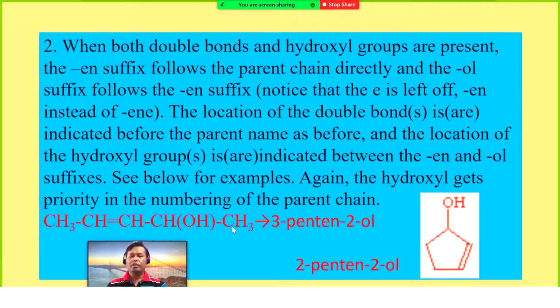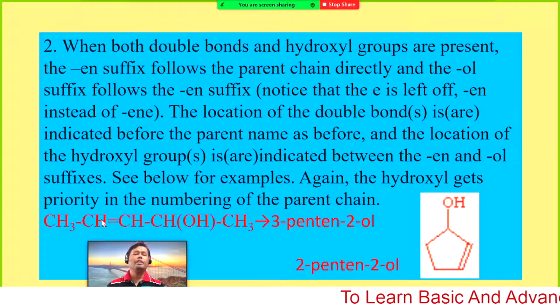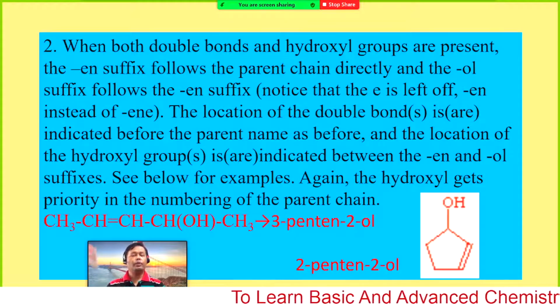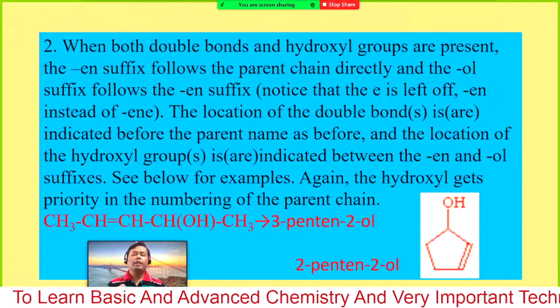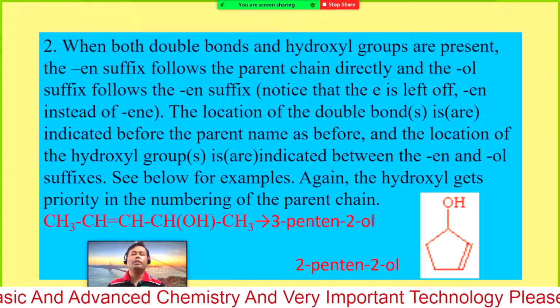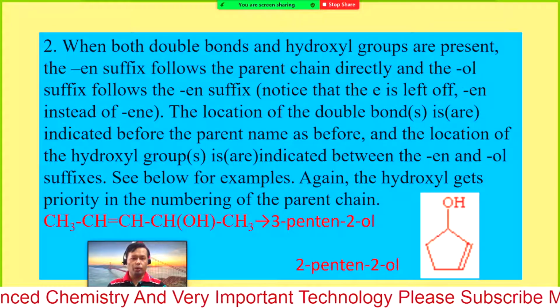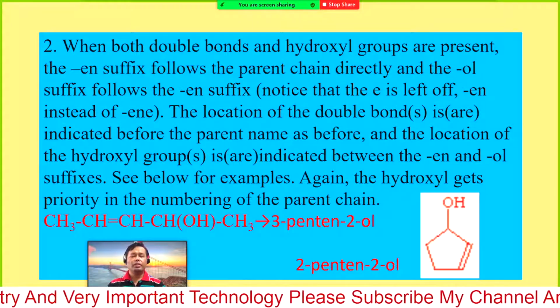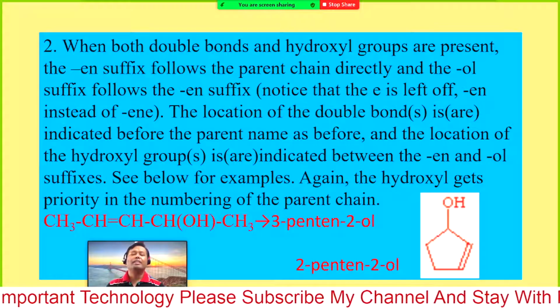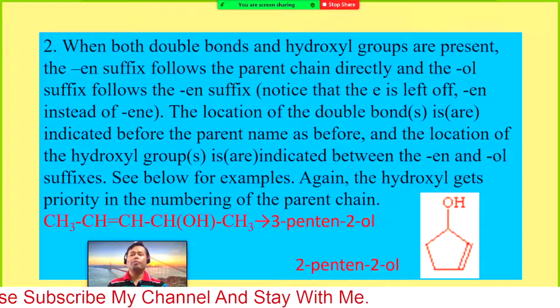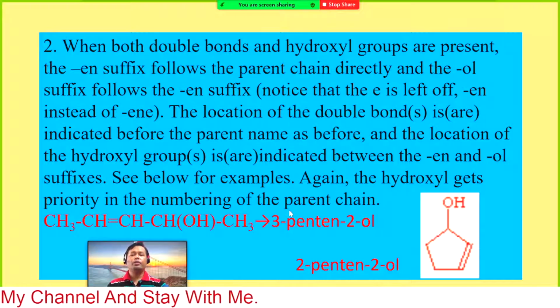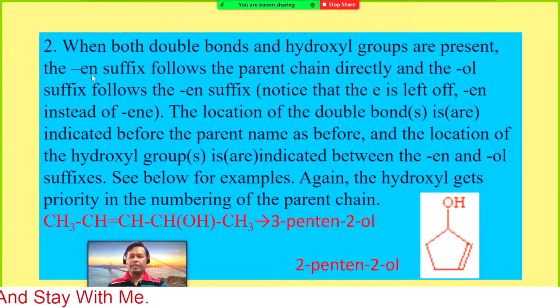Normally that would be pentene if we did not have any hydroxyl group. But as we have one hydroxyl group, we need to consider this compound as an alcohol, and consider the double bond as a substituent. So you need to mention its position and change the suffix this way: the en suffix follows the parent chain.